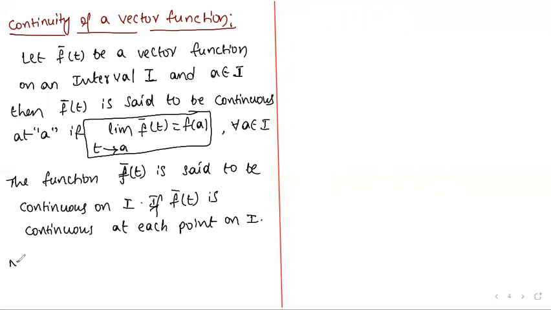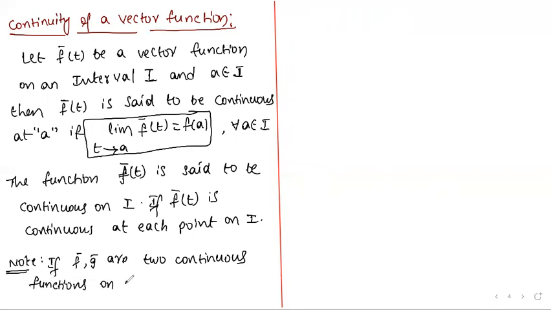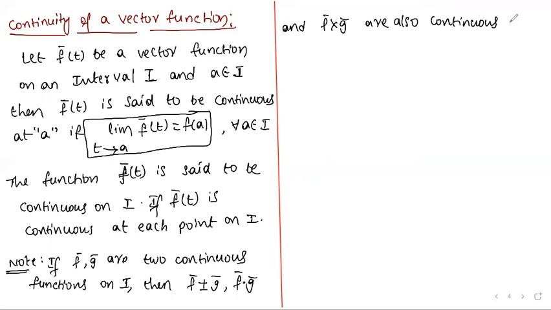So here is one important note point. If f bar, g bar are two continuous functions on the interval capital I, then f bar plus or minus g bar, f bar dot g bar and f bar cross g bar, all three, are also continuous on the interval capital I. Okay.